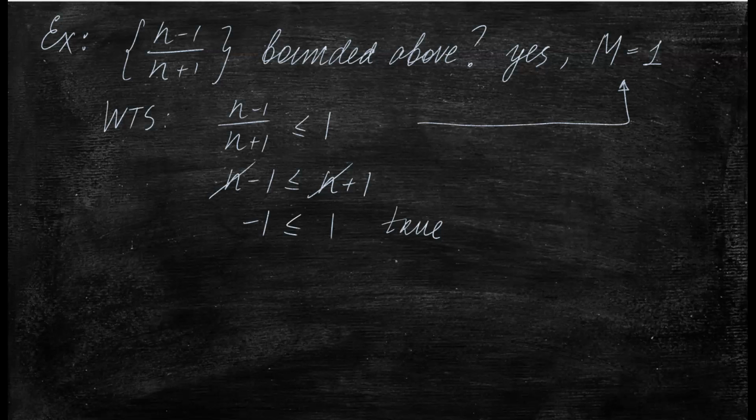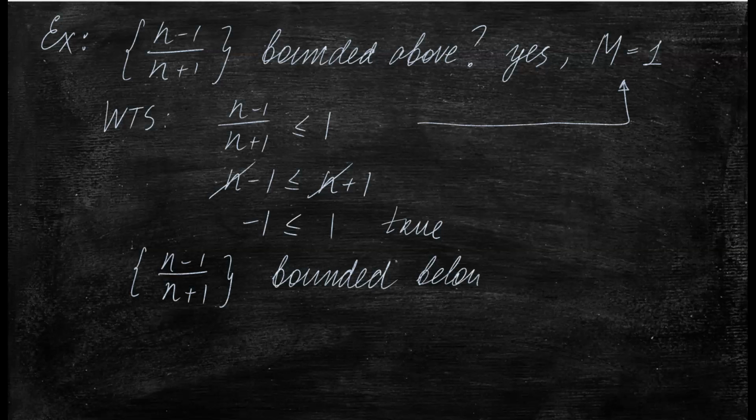So now let's investigate whether this sequence is bounded below. The answer is also yes, and we can easily establish one bound. There could be many bounds, right? But one bound would be m equals 0. How so?